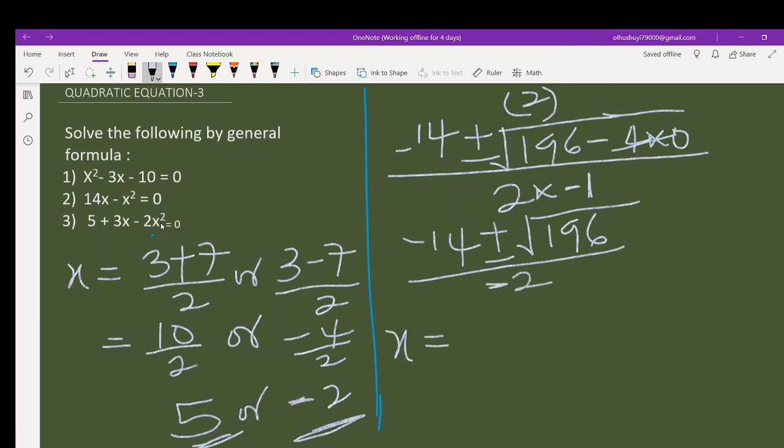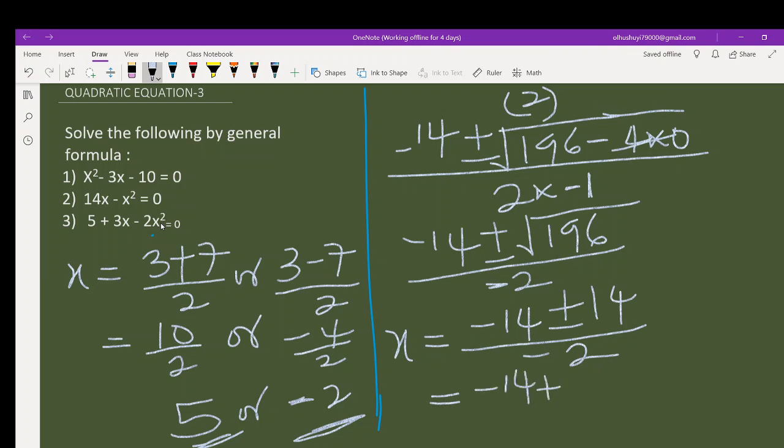The square root of 196 is 14, isn't it? So this becomes minus 14 plus 14 divided by minus 2, or minus 14 minus 14 divided by minus 2.